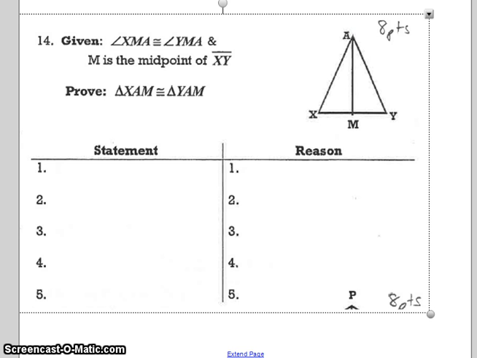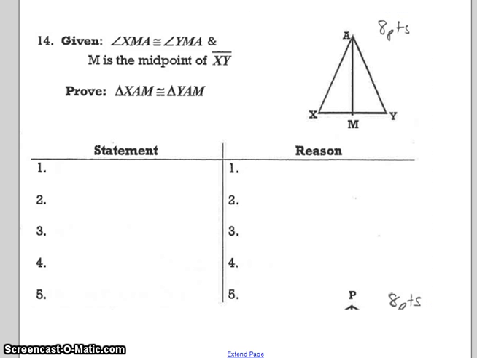Next one has the midpoint, but we still need to find if the two triangles are congruent. Let's start with the given. Angle XMA is congruent to angle YMA, and we know that M is the midpoint of XY.